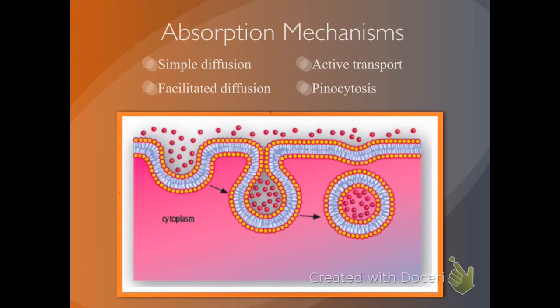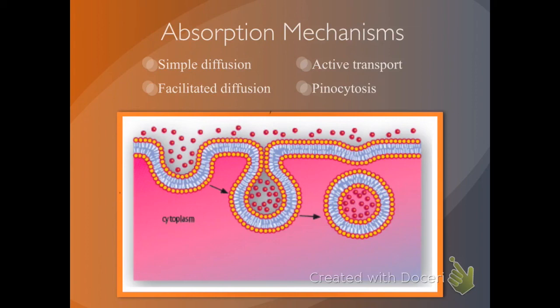Remember that active transport is moving items from low concentration to higher concentration, so against the normal gradient. This is used for glucose and amino acids, things that are probably pretty well supplied in the bloodstream, but don't need to be excreted. They need to be saved for later.